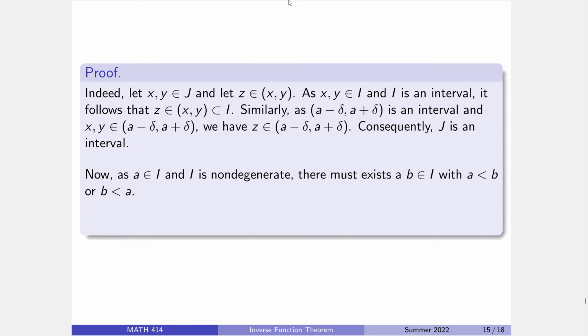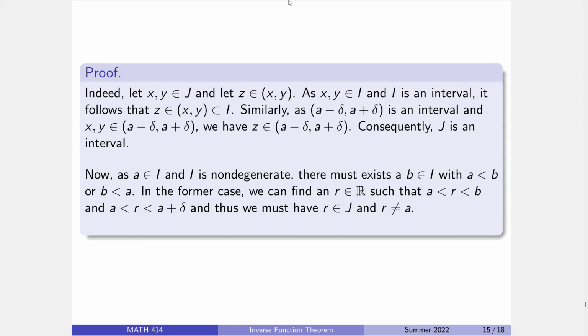Now, as a is in I and I is non-degenerate, there is an element b in I that is either bigger than a or less than a. We've done this song and dance before. In the former case, we can find something r that's between a and b, but also does not get any bigger than a plus delta.